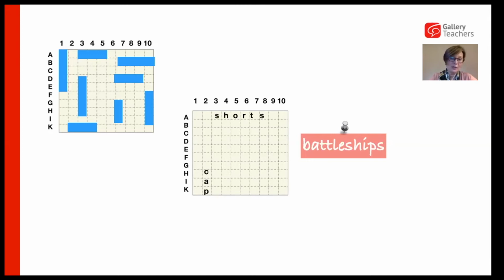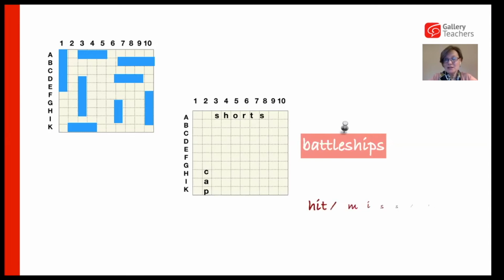You may have like 3 words with 3 letters, or like 2 words with 5 letters, 1 word with 6 letters, depending on the vocabulary that you are using. And then students work in pairs and try to figure out where the words are. And once they found the words, they need to figure out which word it is.